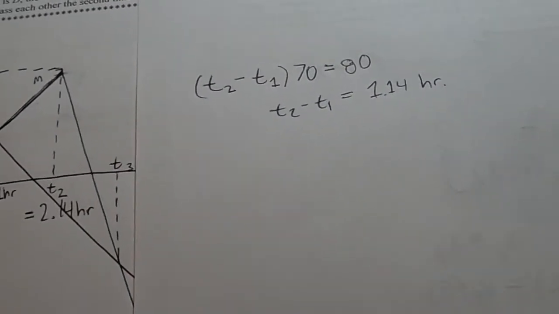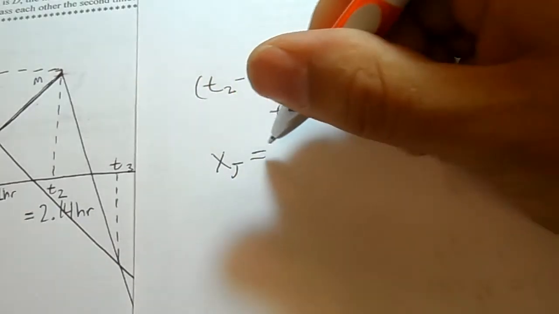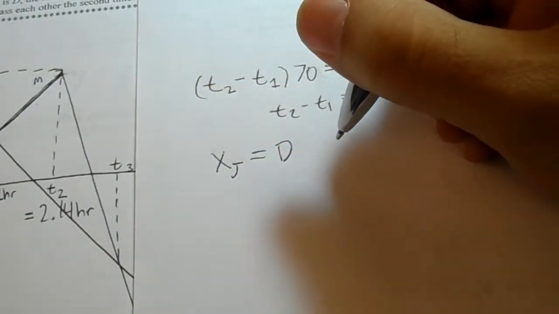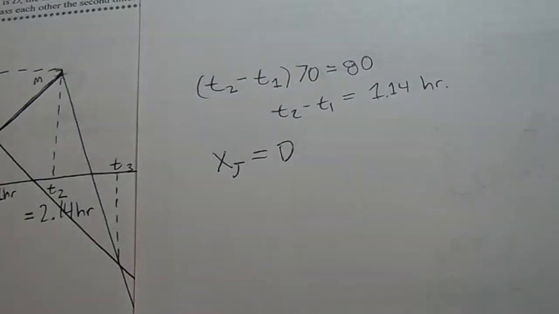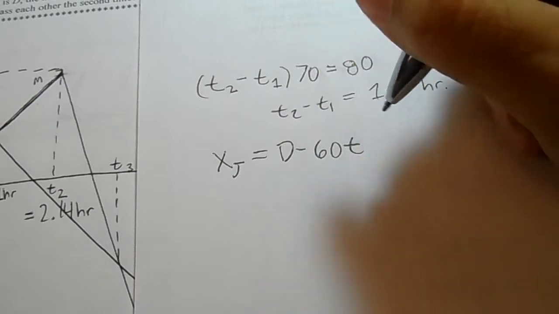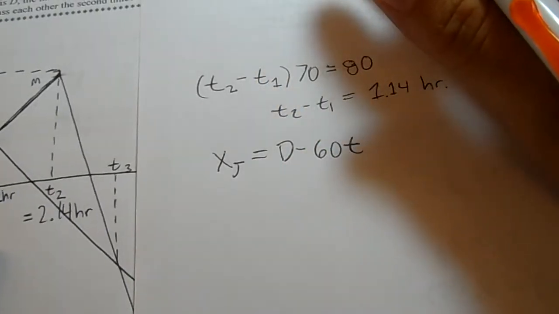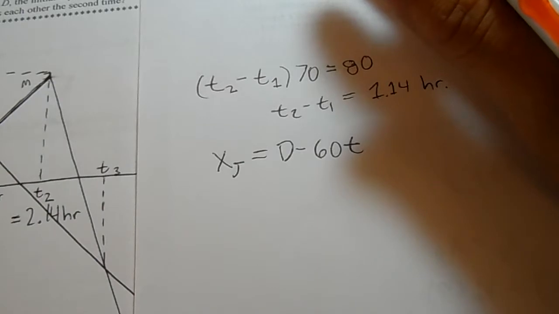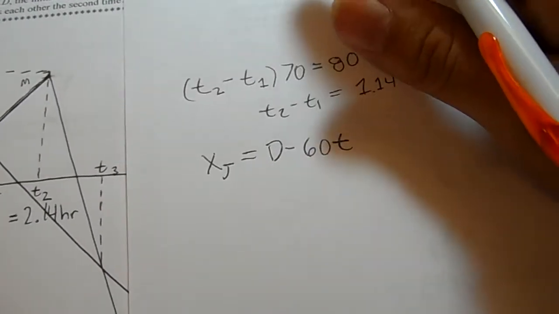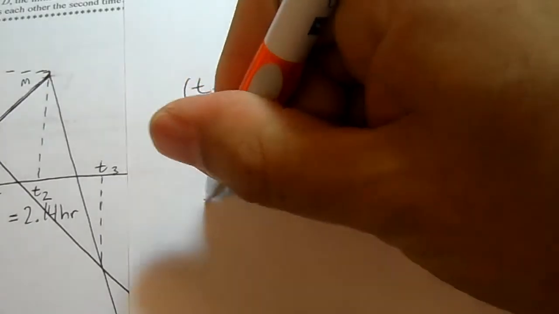So the position of John as a function of time is still what I had before, d, which we've already found to be 130, I'll just leave it d right now, minus 60t, where we're counting from 0. Now, let's work with Meg. I first need to know where she is at time T2, what position she's at, in order to write an equation for her motion.